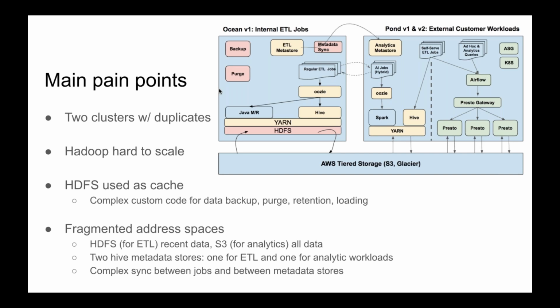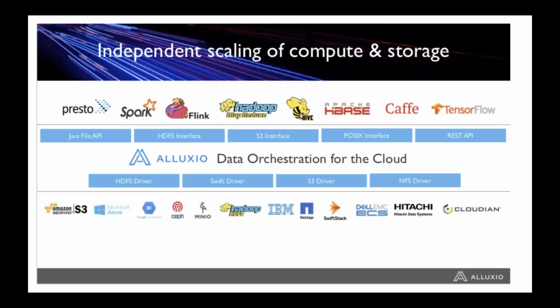So the address space is fragmented. And one consequence is you have very complex synchronization between jobs, and also between the Hive metastores in different address spaces. So many headaches we need to resolve in order to move forward.